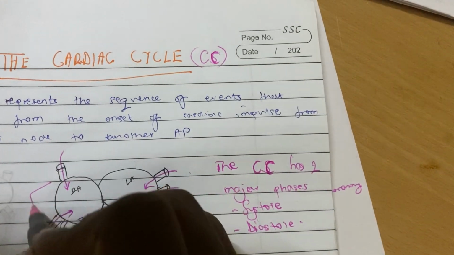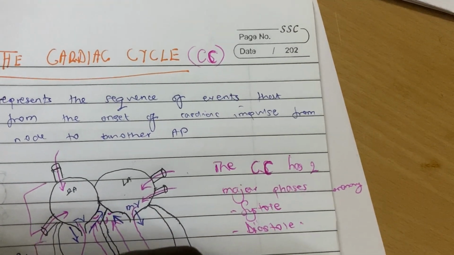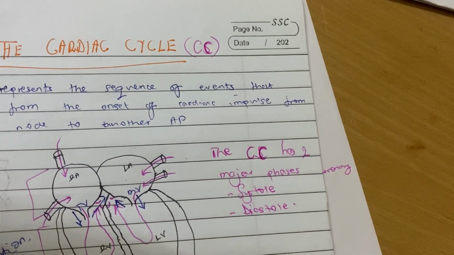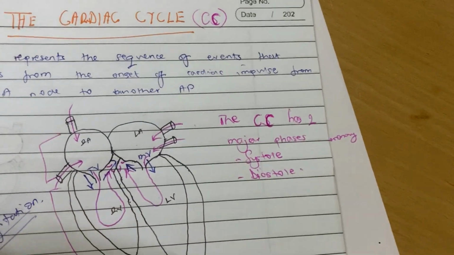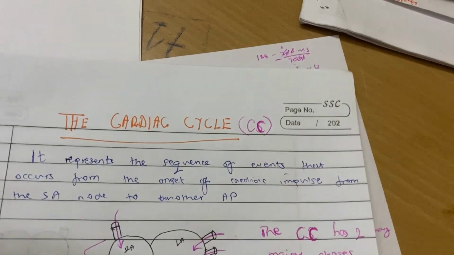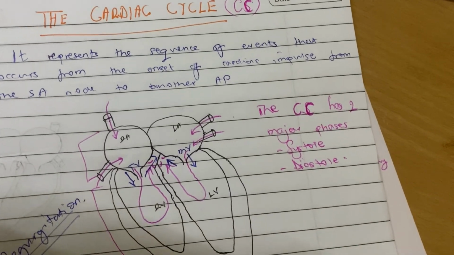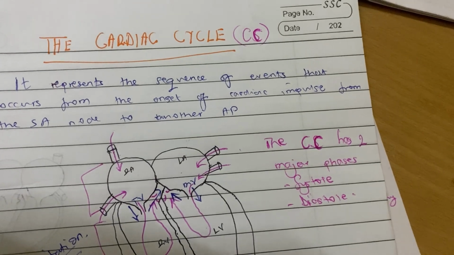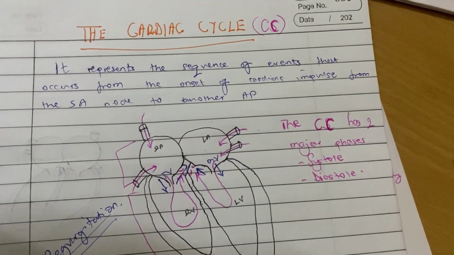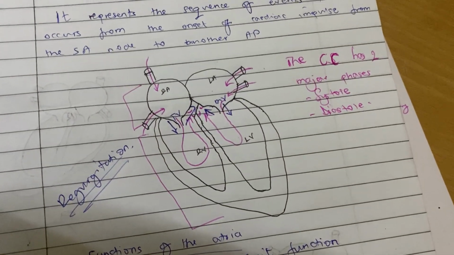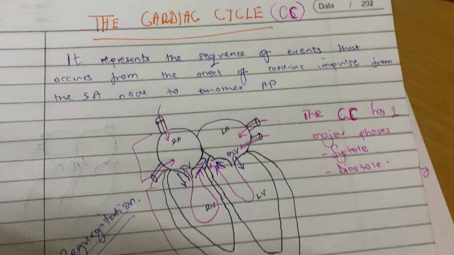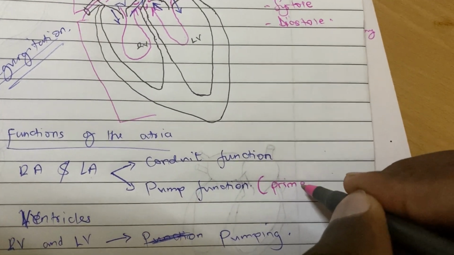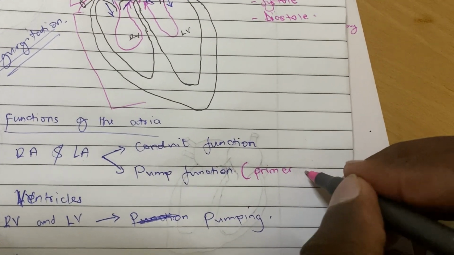The atria have their systole, and then the ventricles have their systole. Again, the heart functions as a pump, yes, but it has two pumps. The heart is a pump as an organ, it is a single pump, but in essence it has two pumps. The atria, we said, have a pump function, but this pump only acts as a primer pump.